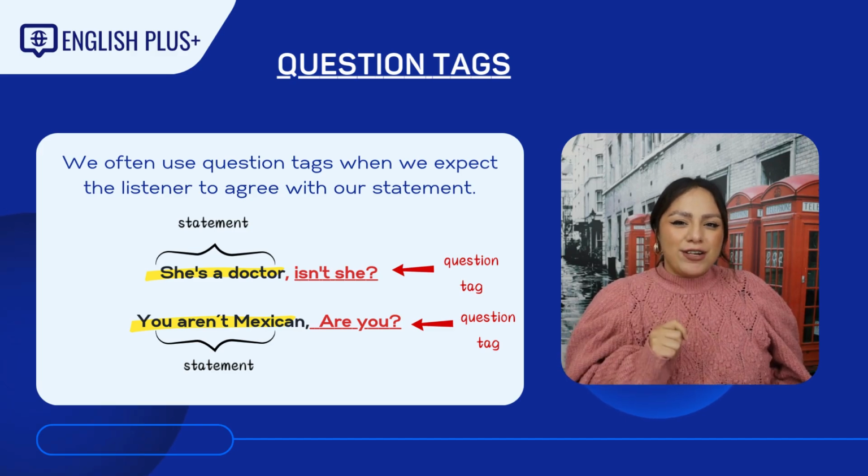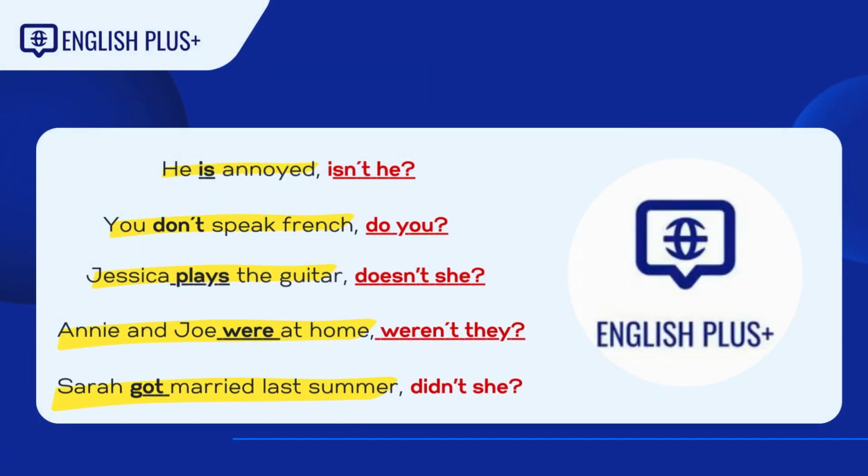Look at some other examples. Remember that I explained that depending on the tense that I am expressing or the auxiliary that I am using, I will need a different question tag. Look at the examples. When I have a verb to be, my question tag will be with verb to be. When I have a negative with an auxiliary, I can express the question tag with the same auxiliary in positive way.